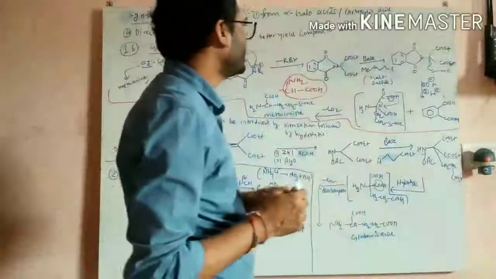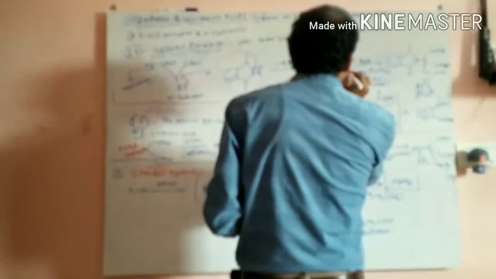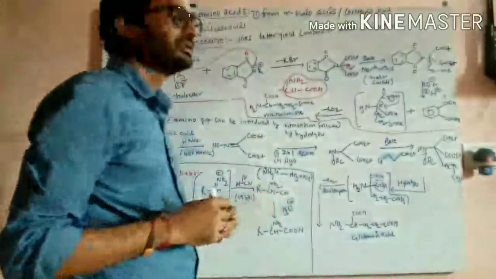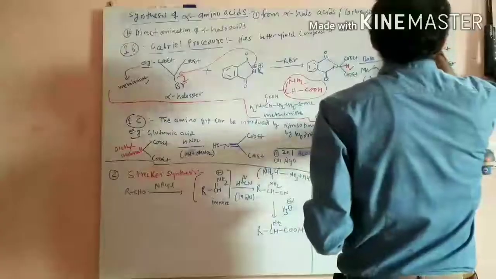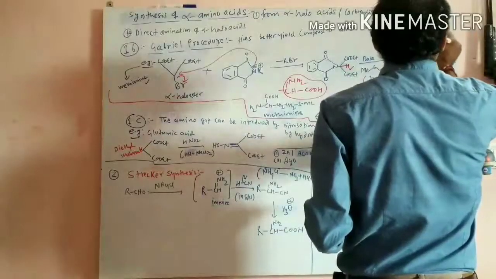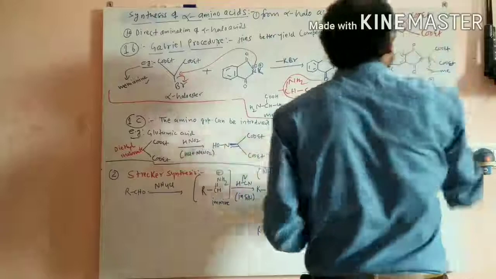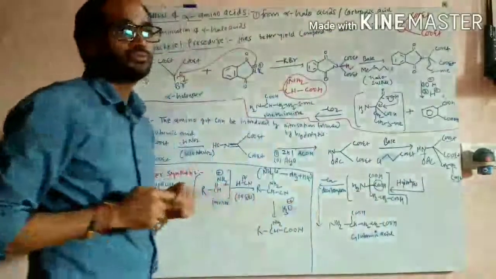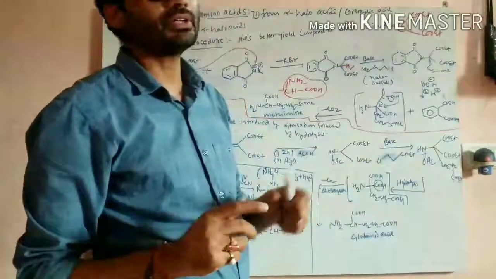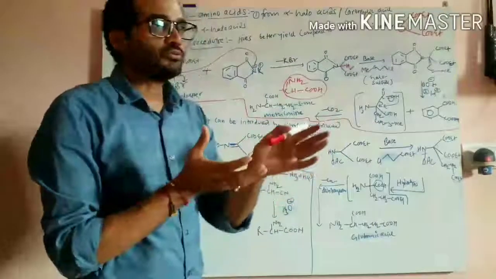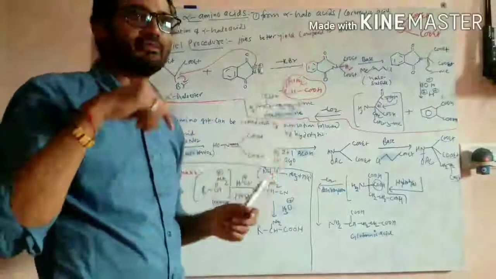Now see, there is one more hydrogen which is activated. Because this is a malonic ester, diethyl malonate, COOEt and COOEt, it has two active hydrogens. It is called an active methylene group: if a methylene group is attached to electron withdrawing groups, the hydrogen gets activated.